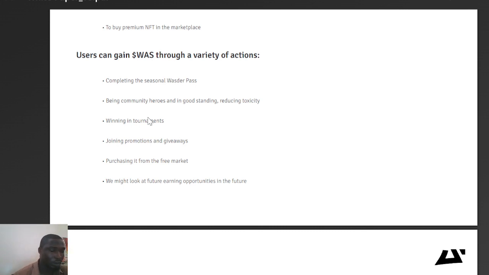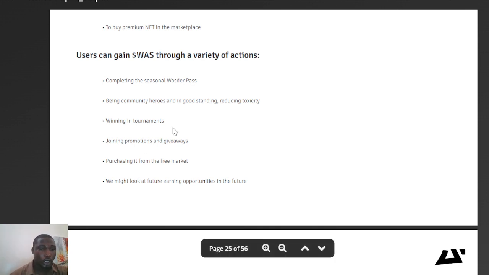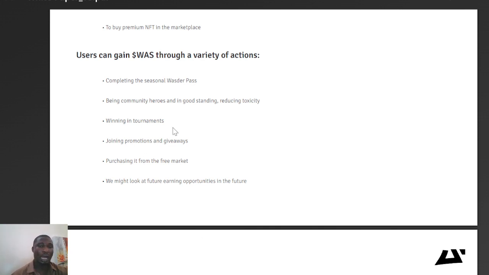They can gain by completing a seasonal pass, being in a community in good standing, reducing toxicity, winning in tournaments, joining promotions and giveaways, publishing as a kind of free marketing, and also future earning opportunities.